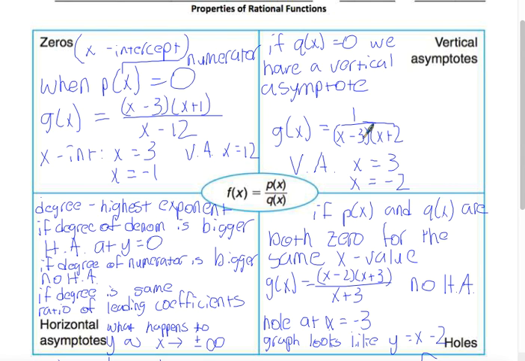So this one would have a horizontal asymptote of y equals 0. And again, in this one, since I have x squared in the numerator and only x in the denominator, this would not have a horizontal asymptote.